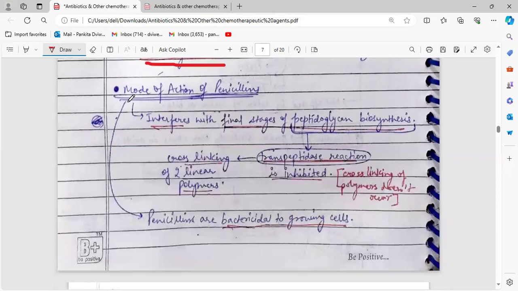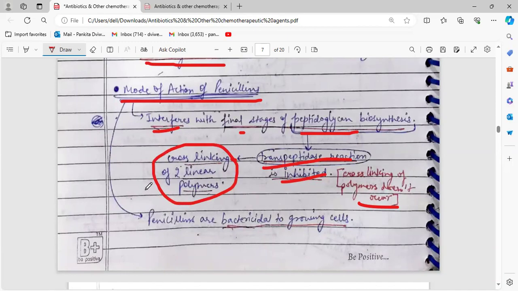The mode of action of penicillins is as follows. The penicillins interfere with the final stages of the synthesis of the peptidoglycan layer, and in this case, a transpeptidase reaction during the synthesis is inhibited, because the cross-linking of polymers of this peptidoglycan does not happen, and due to which the cross-linking of two polymer layers does not occur.